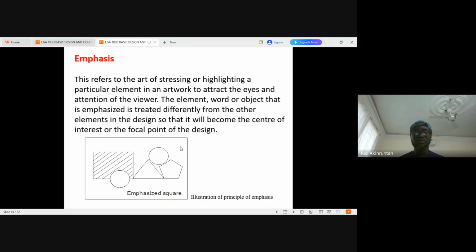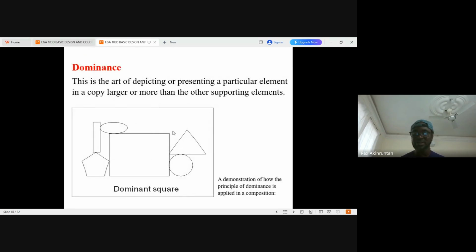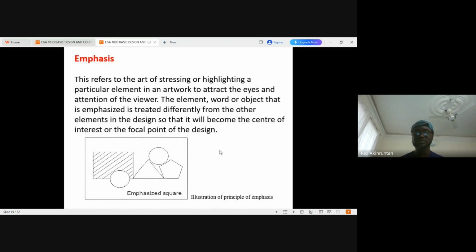Okay. So a typical example is what I put together here below the text, that you see that the emphasis is on the square behind, where a lot of lines have been shaded on it to make it more solid and make it more bold in terms of its appearance.